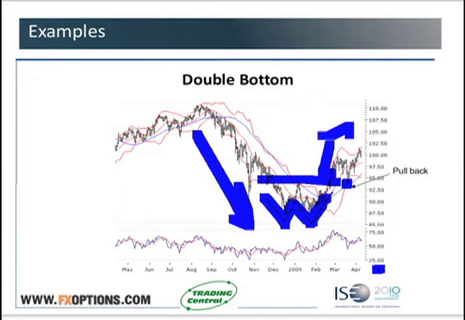And then you can buy any pullback on this new support to take advantage of the new uptrend. So at this point, on the pullback, you can buy again this underlying to enter the bullish trend.